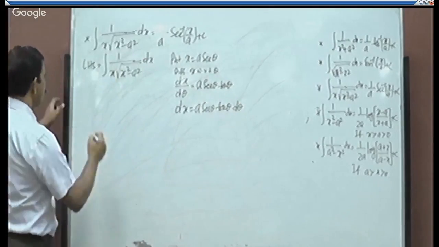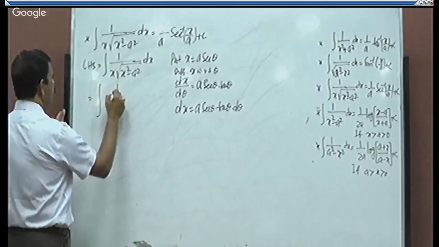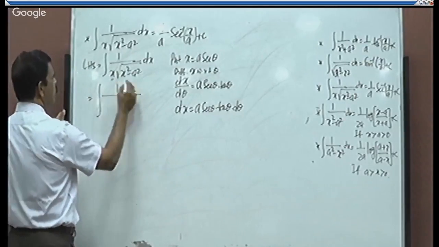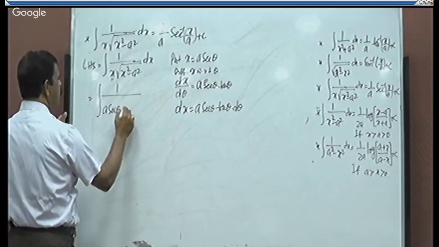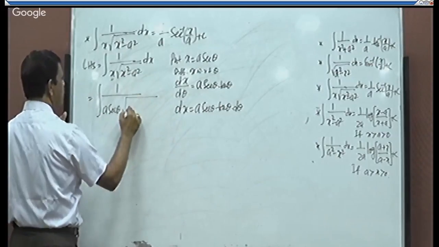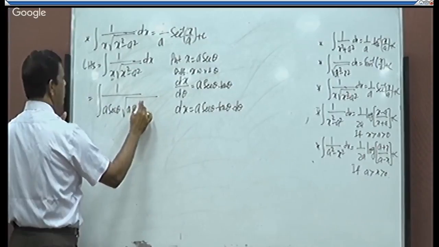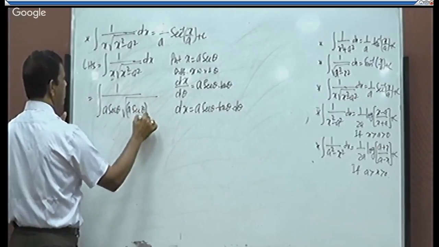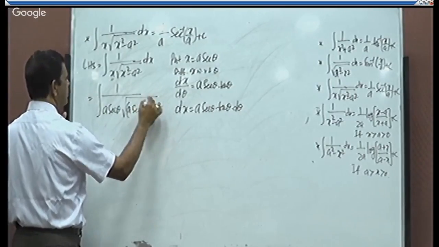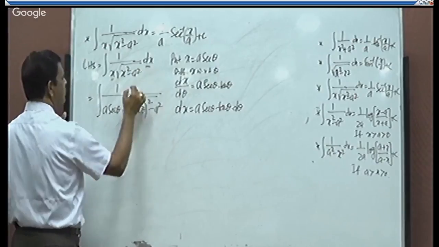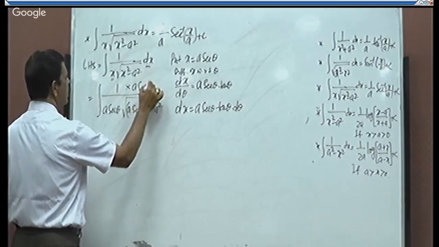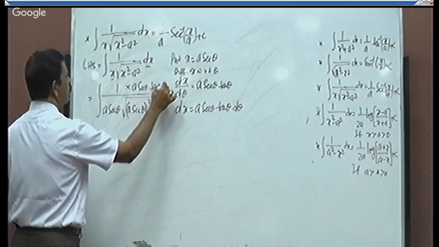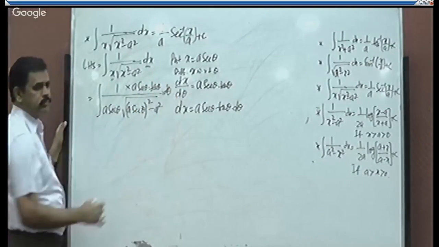Then the left hand side becomes 1 divided by x, that is a secant theta, into root of x square, that is a secant theta whole square minus a square, into dx.